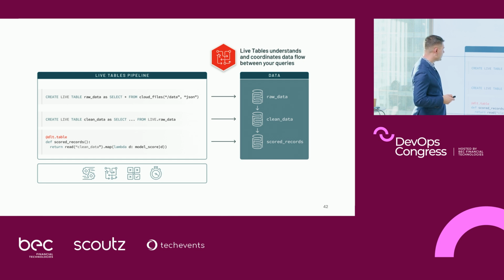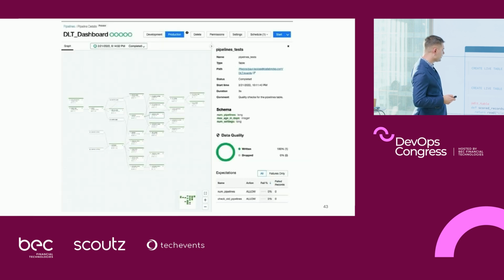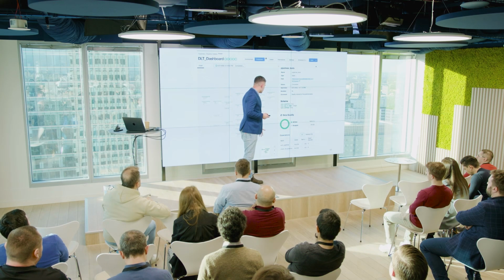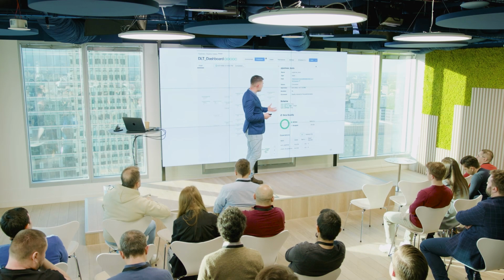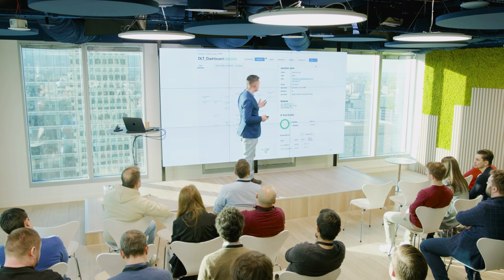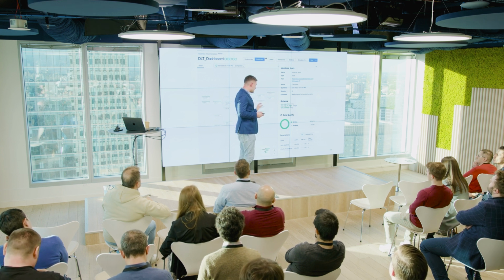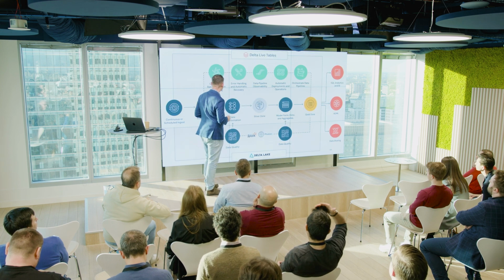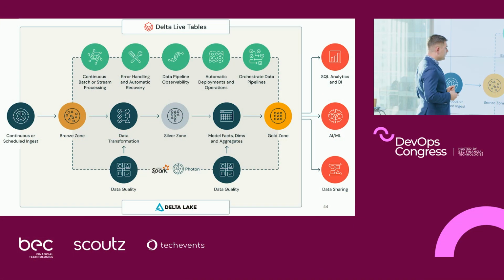These are our rules here, and here we have data quality. So for example, you can see what data is matching, and how many of the records are matched in your project. Yes, this is a big picture of Delta Live tables.